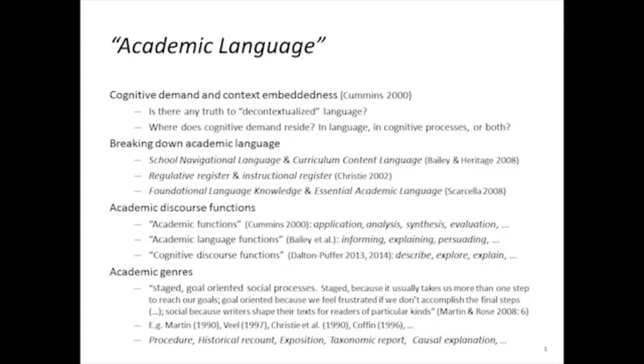And a bit more generally, work done in SFL on academic genres is pretty much saying the same, in the sense that genres are staged, goal-oriented social processes. Well, it's always social, as was said in the introduction. Anything we do is social, but if we supplant social with cognitive, then we have indeed what these cognitive discourse functions are all about.